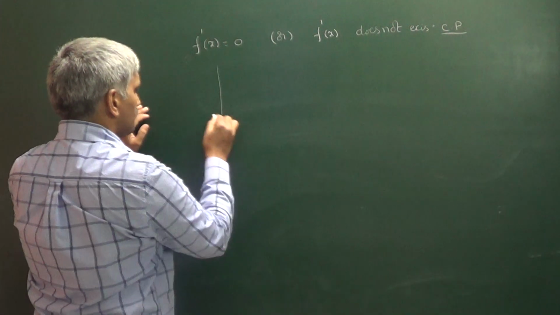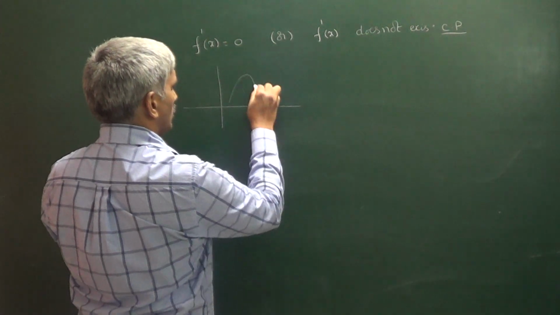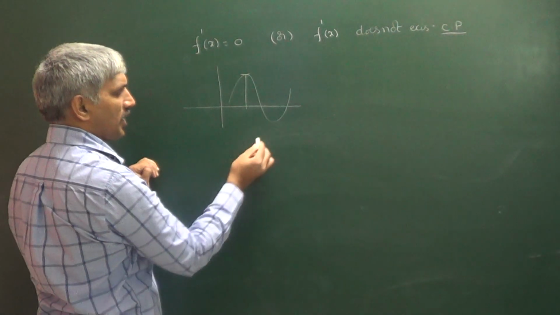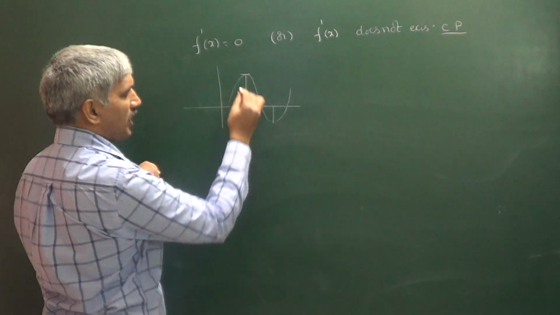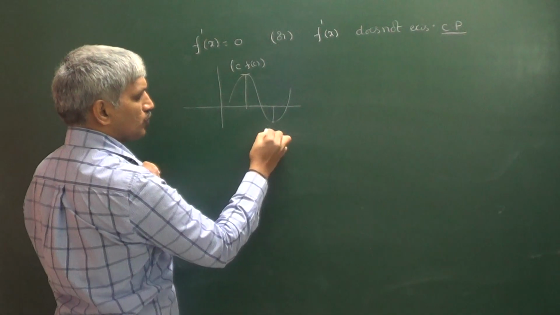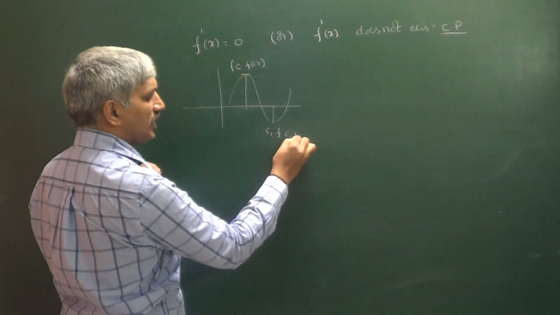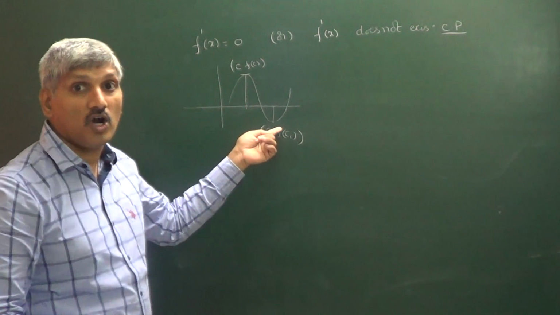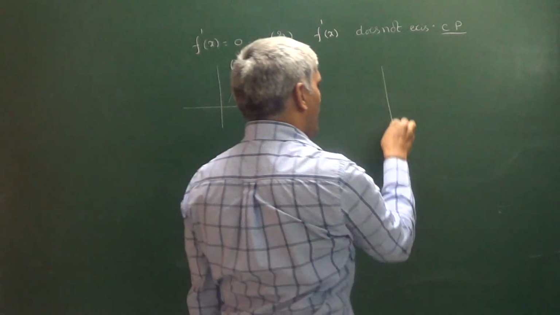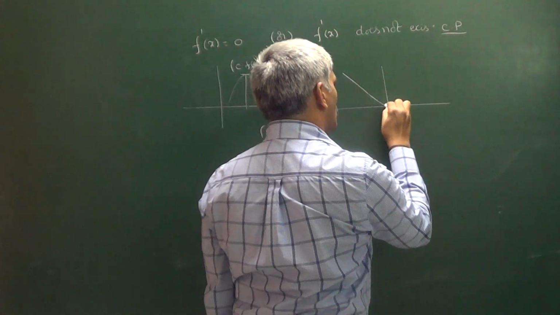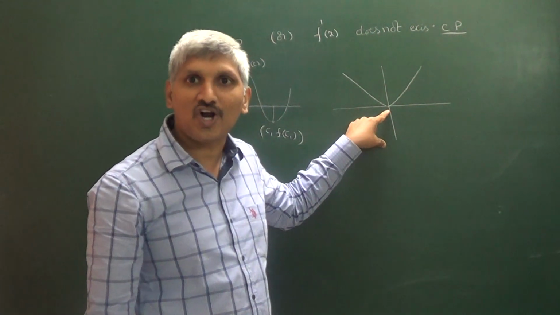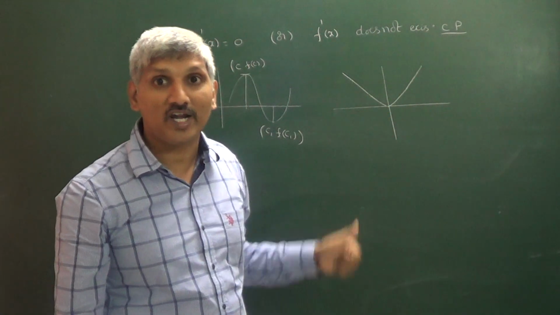Now you can see this is the graph of one particular function. This point is a critical point, and this point is a critical point. Let us say this is c comma f of c, and this one is c1 comma f of c1. These points are called critical points where differentiation is equal to 0. At the same time, where the differentiation does not exist, as in the graph of mod x, this point is also called a critical point.